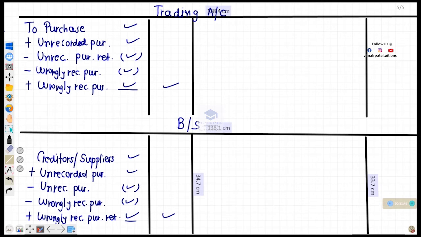Wrongly recorded purchase will be subtracted from purchase on the debit side of trading account. Second effect will be subtracted from creditors on liability side. A wrongly recorded purchase return will be added to purchase on debit side of trading account, and same will be added to creditors on liability side.